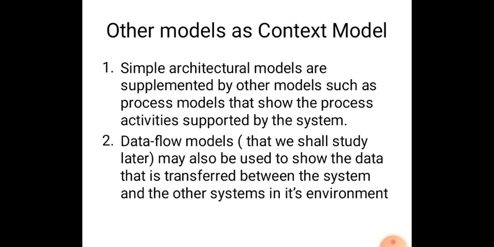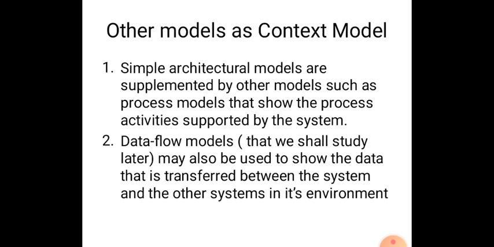Other models as context model. So students, in the earlier case we have studied the architectural model as a context model. We also know that there are other models which are a type of context model, that is process models and data flow models. Point number 1. Simple architectural models are supplemented by other models such as the process model, okay, that show the process activities supported by the system.